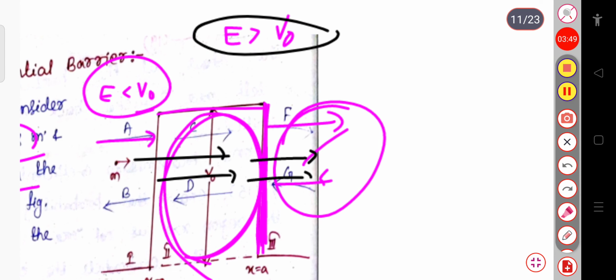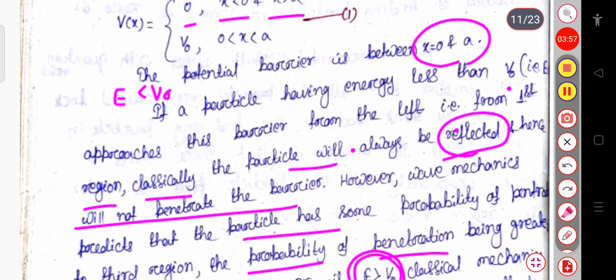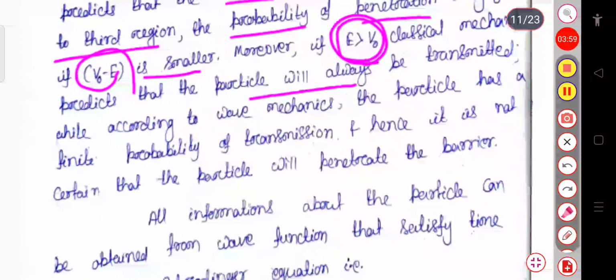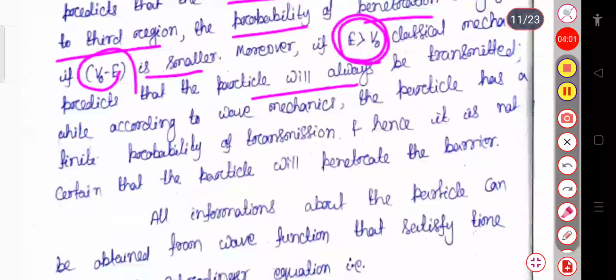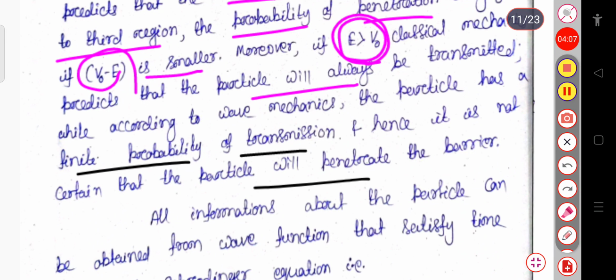That is the classical behavior: when the energy is more, there will be chances of transmission of the particle through this barrier. But quantum mechanics says the particle has a finite probability of transmission, and hence it is not certain that the particle will penetrate the barrier. Transmission is possible, but it doesn't mean that the particle cannot reflect from the barrier.